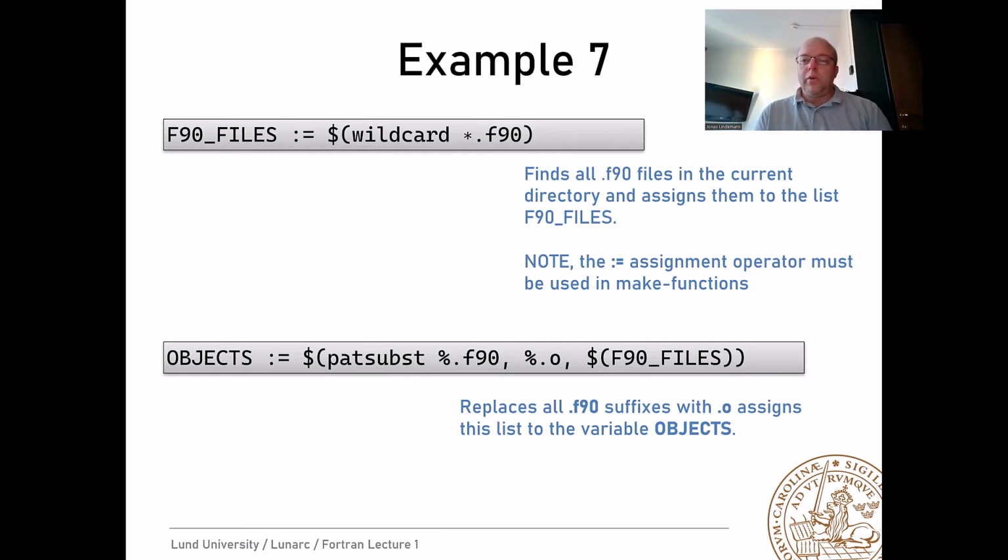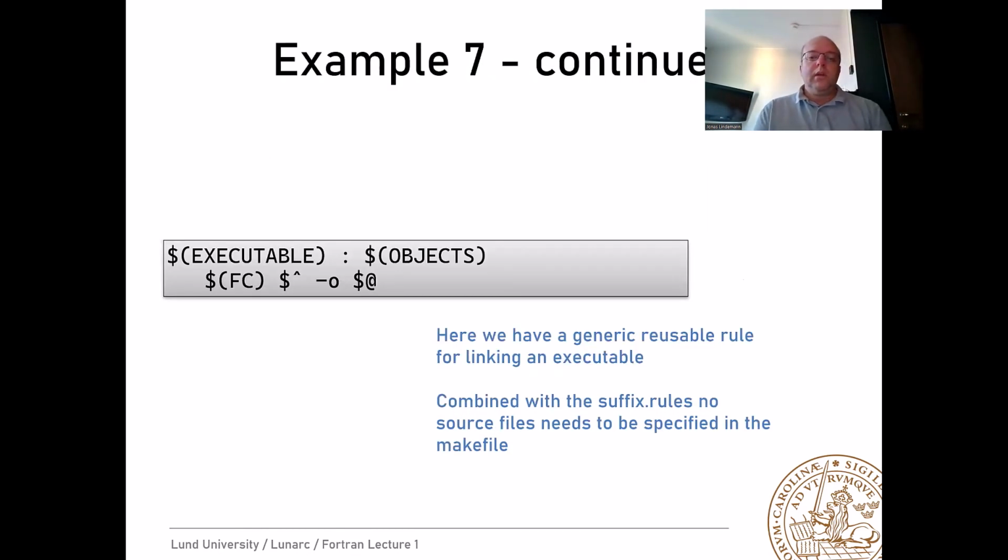So now we have a list of all our source code files. We have a list of all our object files, potential object files in this case. We haven't built anything yet. So here we can do even more easy makefile rules. Instead of explicitly stating our object files, we can use our objects list.